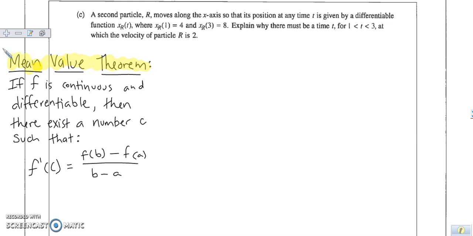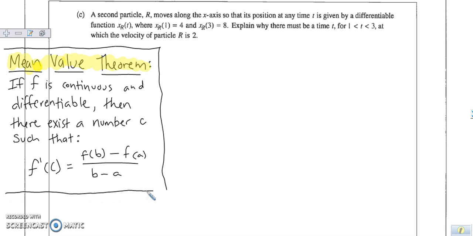And here it is. This is what the mean value theorem pretty much states. Now, one thing that you really have to pay attention to is that you got to make sure that the function is differentiable and continuous. And in part C, they tell us that the function is differentiable.